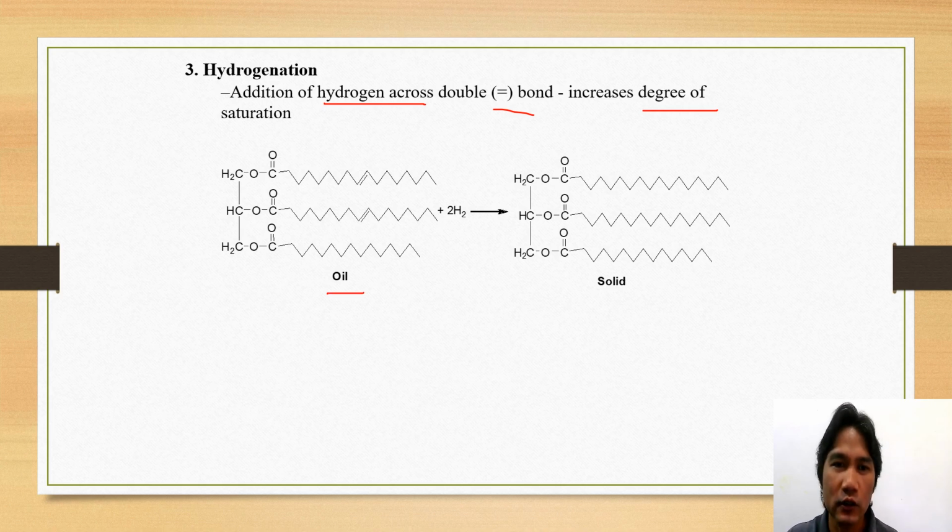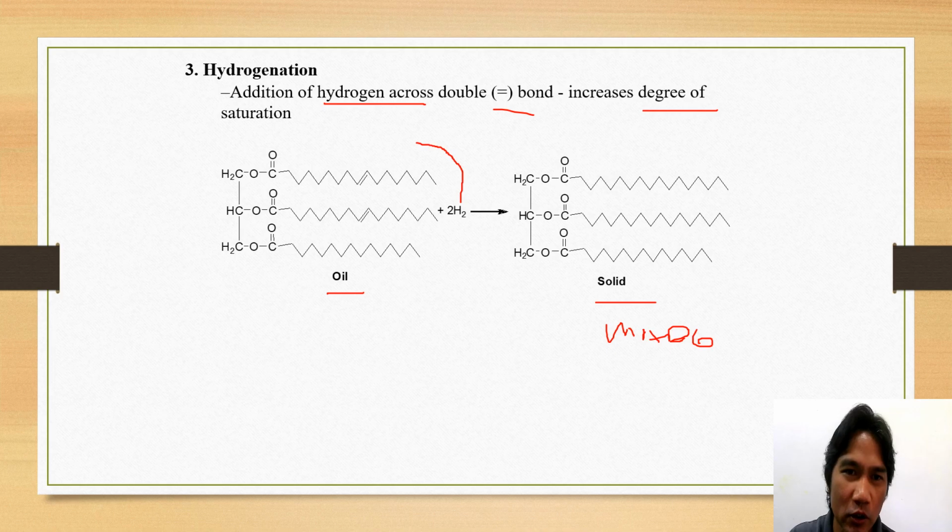Remember, an oil is a TAG that is predominantly composed of unsaturated fatty acids, but it can be converted into a solid, a component of, let's say, margarine. Remember, margarine is a solid. To make margarine, you need oil, but remember, oil is a liquid. It can be converted into solid by the process of hydrogenation, the addition of hydrogen molecules.